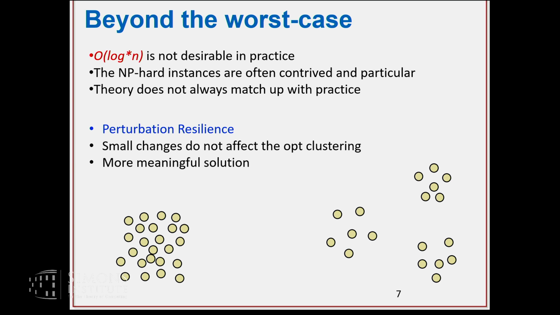Maybe we won't get as meaningful a solution. So if you look at the data set on the left, say this is the optimal solution, but if we just tweak the distances by a tiny bit, then we get a completely different clustering. So this would not be perturbation resilient.